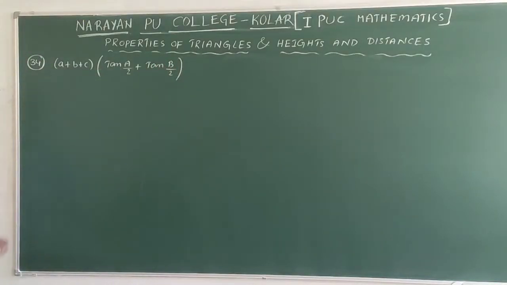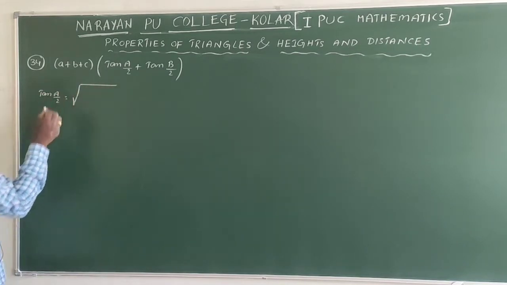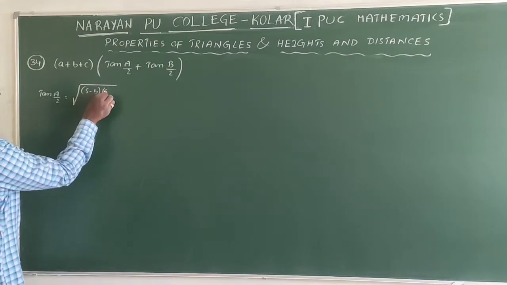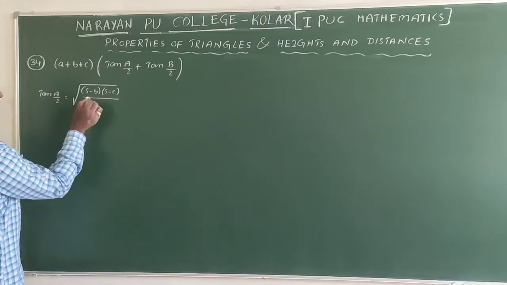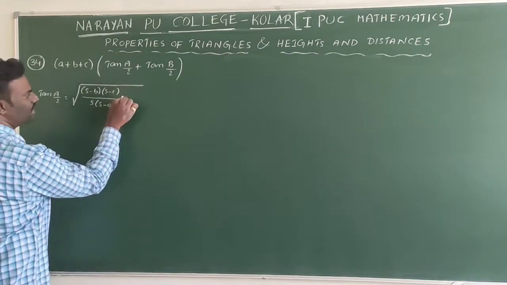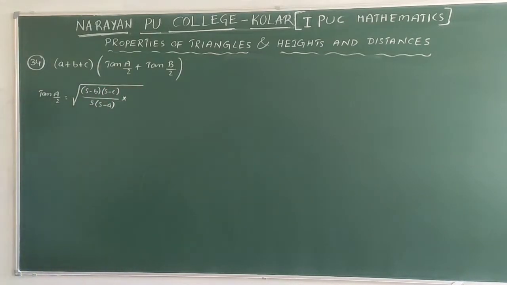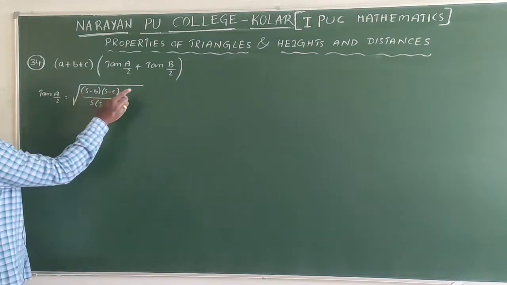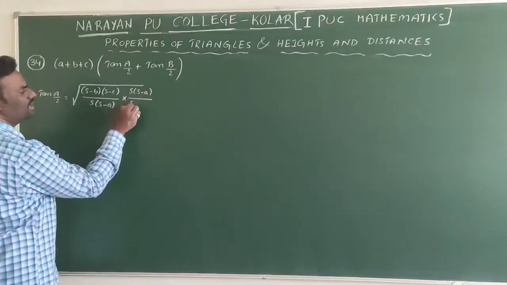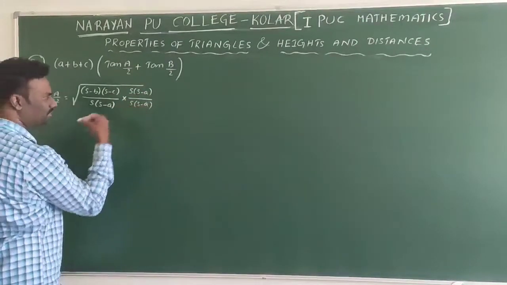Actually, tan A by 2 formula is under root of S minus B, S minus C by S into S minus A. For this, what I will do is multiply and divide the missing terms. So which is missing? S is missing, S minus A is missing. Here also S into S minus A is missing.